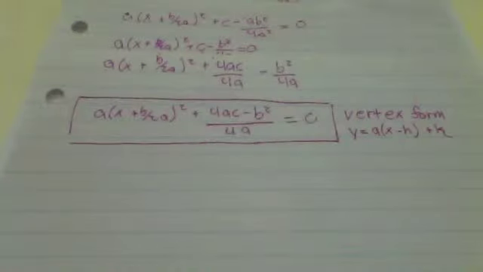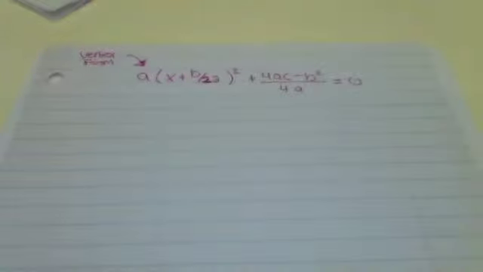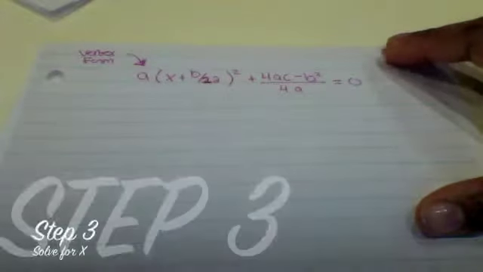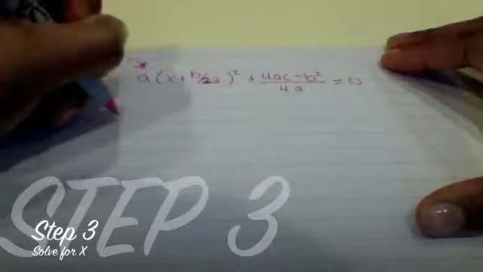When I combine that further, the 4ac over 4a minus b squared over 4a becomes 4ac minus b squared over 4a. And now finally, we have vertex form, and it looks a lot like this. It's equal to a times the quantity of x plus b over 2a squared plus 4ac minus b squared over 4a.